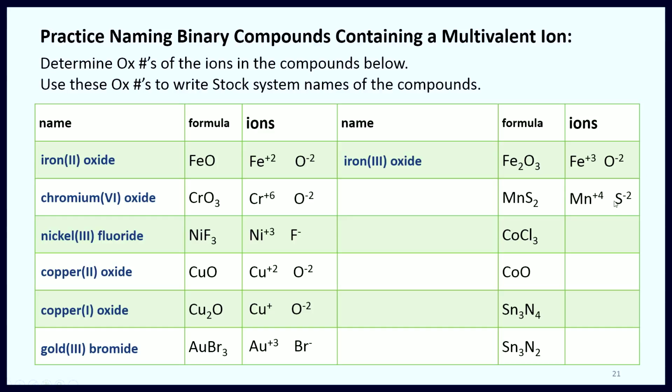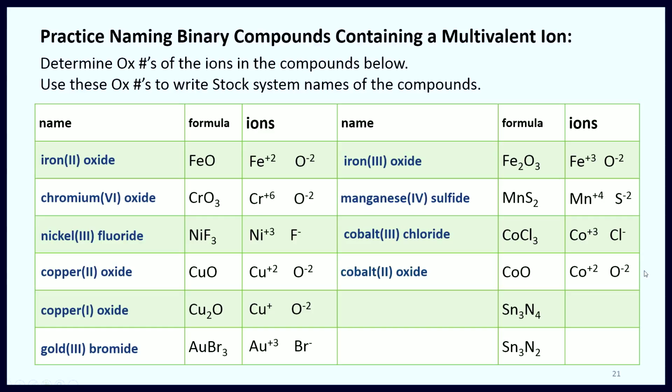Sulfide is -2, and there are 2 of them, so manganese must be +4. That is named manganese 4 sulfide. CoCl3, we know that chloride is -1, and there are 3 of them, so cobalt must be +3. That's cobalt 3 chloride. Oxide's -2, so cobalt must be +2. That is named cobalt 2 oxide.